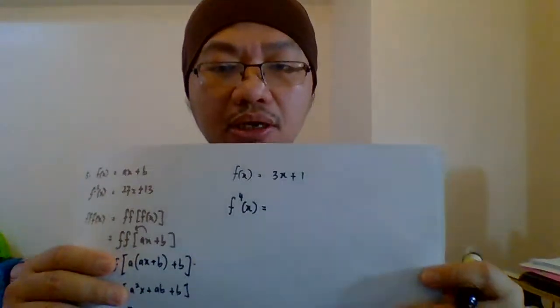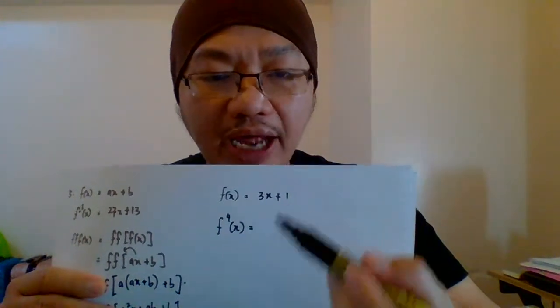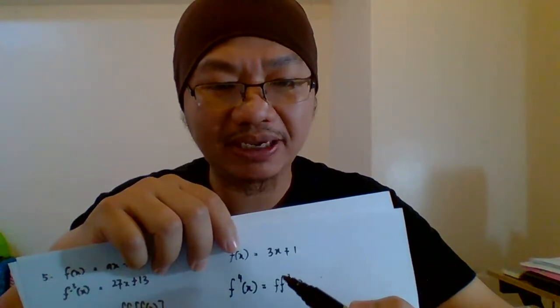If you look at my previous video, I told you we can use the shortcut here, because the question already gives us the F cube. That means F4 here is actually a combination of F and F cube. If they are composed together, it becomes F4, right?